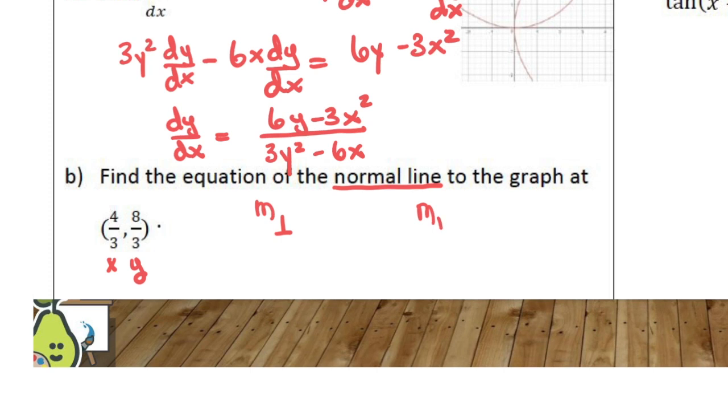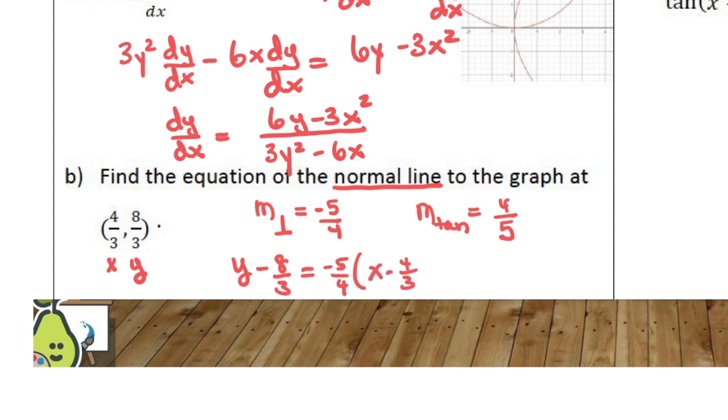You find that the slope of your tangent line, once you do all of your substitution, is going to equal 4 over 5. Now, of course, we want to find the perpendicular, so that's going to be -5 over 4. Writing the equation to the normal then gives you y minus 8/3 equals your slope, which is -5/4, times your x minus 4/3, and then you can move on to the next question.